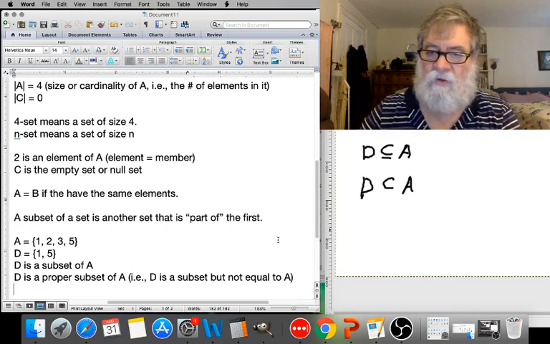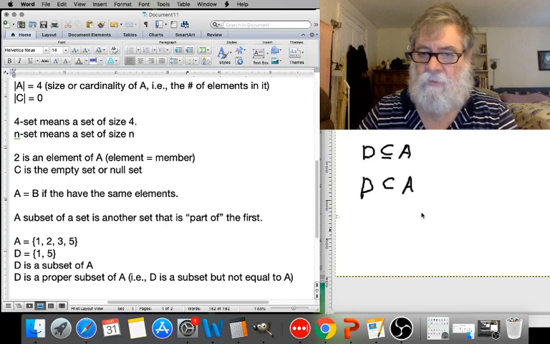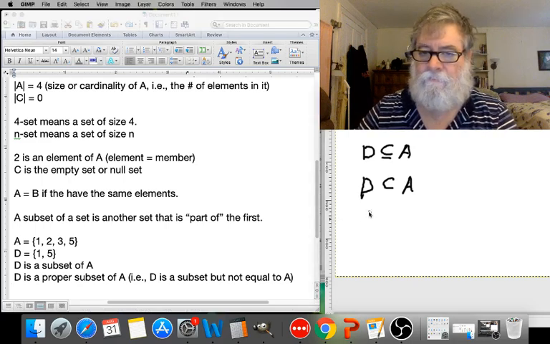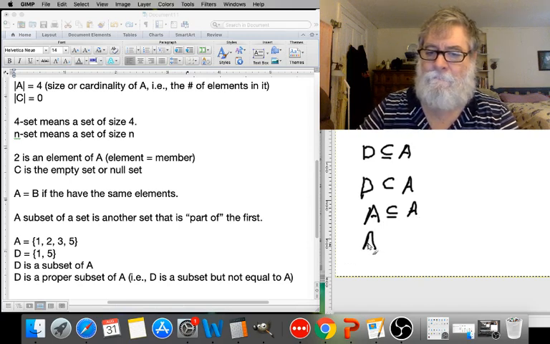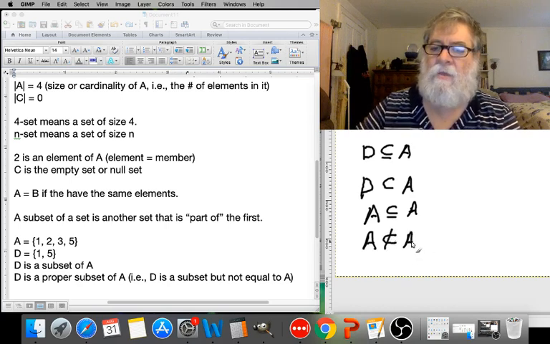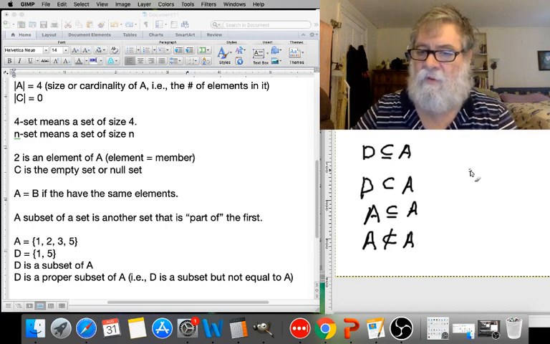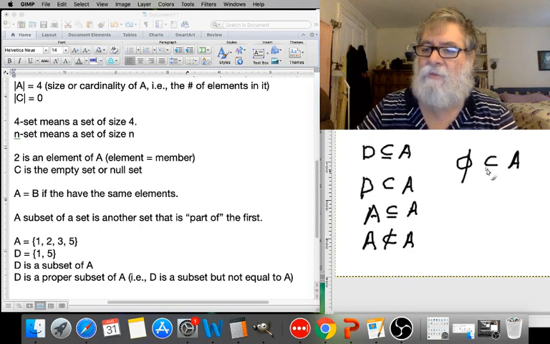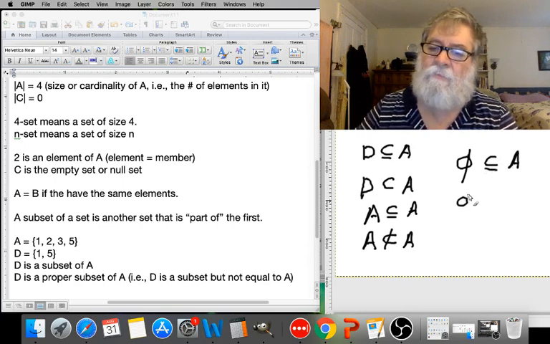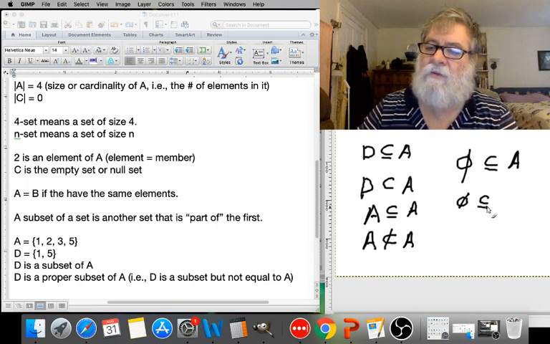So A is a subset of A, but A is not a proper subset of A. By the way, the null set is a subset of A and a proper subset of A. And the null set is itself a subset of the null set, but not, of course, a proper subset.